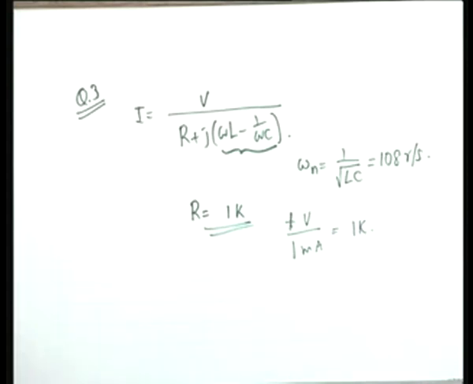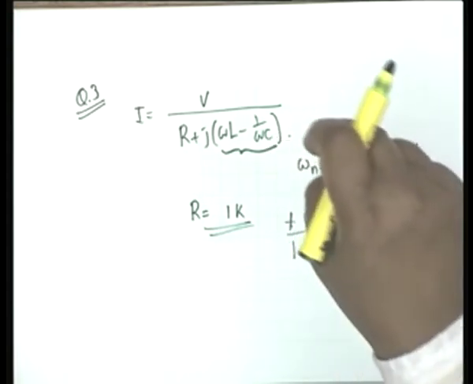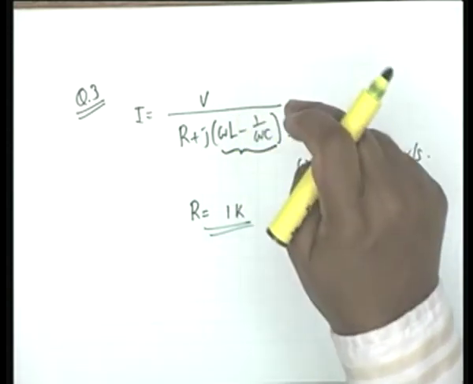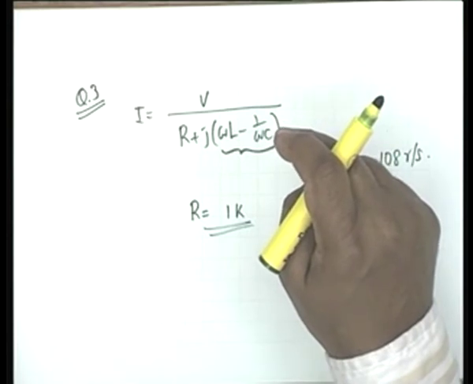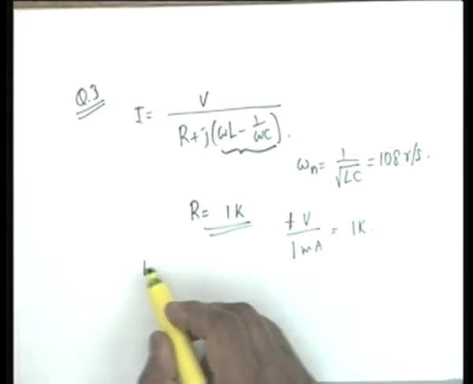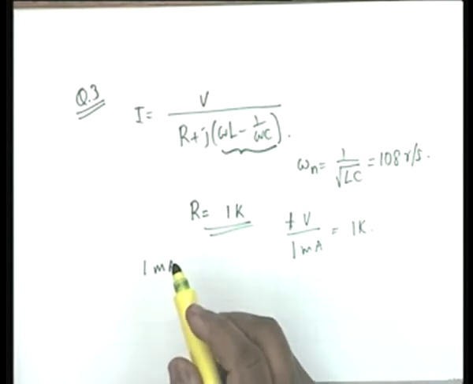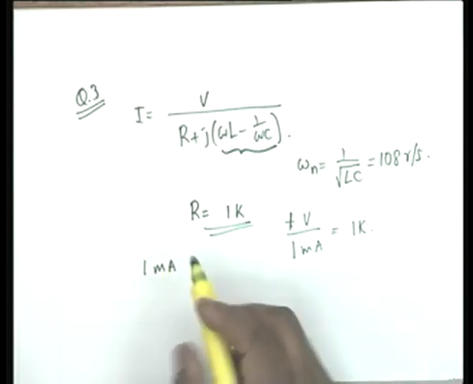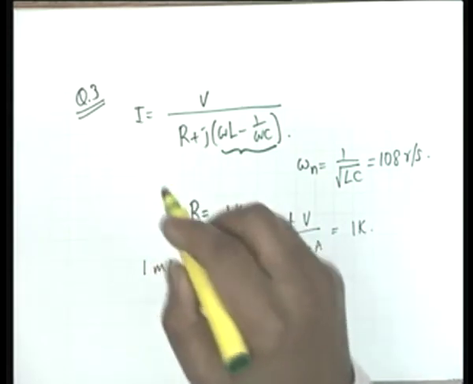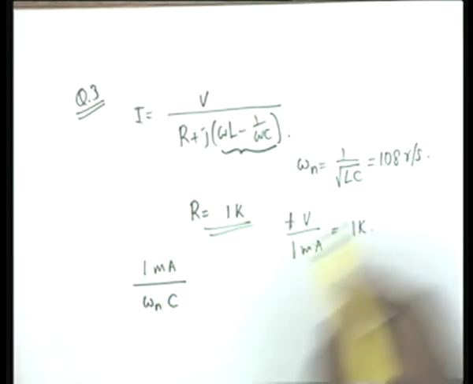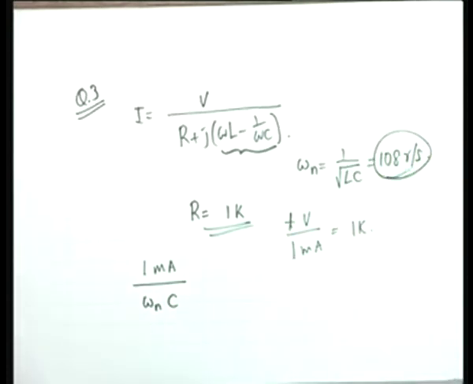The other thing that is known is that under this condition, that is under current resonance, the voltage across the capacitor is 5 volt, which means 1 milliampere multiplied by the impedance of the capacitor at that frequency, so divided by omega n times C, where omega n is given as 10^8 radians per second.